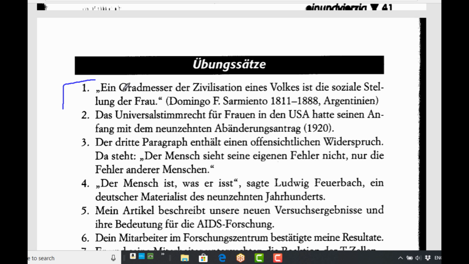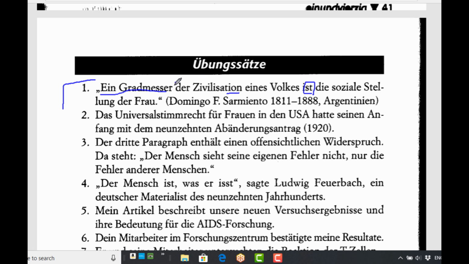Okay, so where's your verb? Our verb is ist. Subject is Ein Gradmesser. Yeah. And what case is der Zivilisation? Der Zivilisation is in the genitive case. Yeah, and why is this a feminine noun?